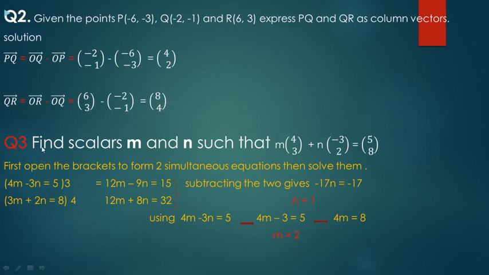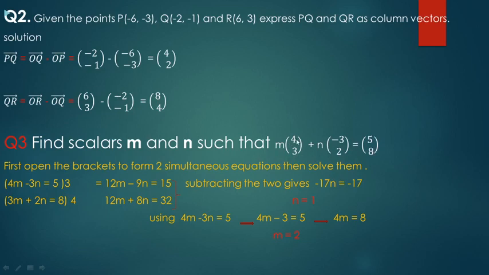Question 3. Find scalars m and n such that m(4, 3) plus n(-3, 2) equals (5, 8). So when you multiply these vectors with the scalars and add them together, they must give you (5, 8). So we form two simultaneous equations by opening the brackets.